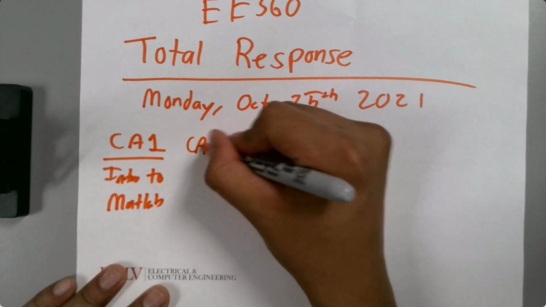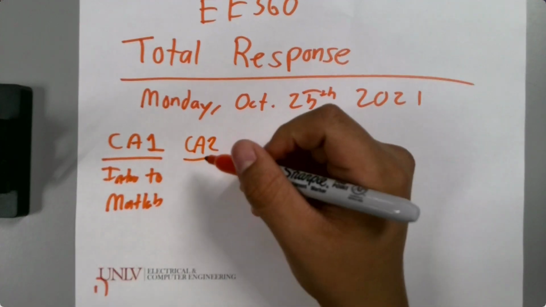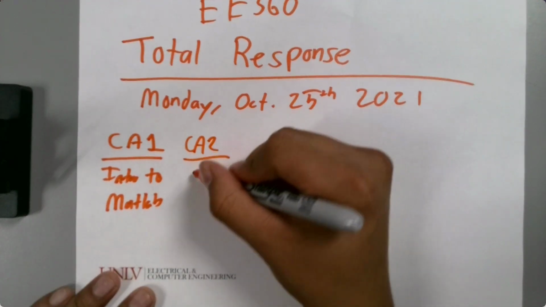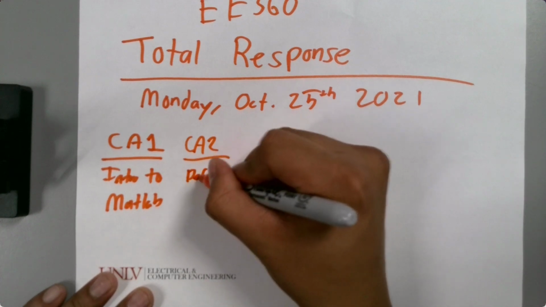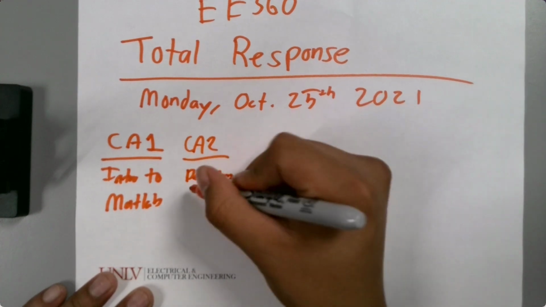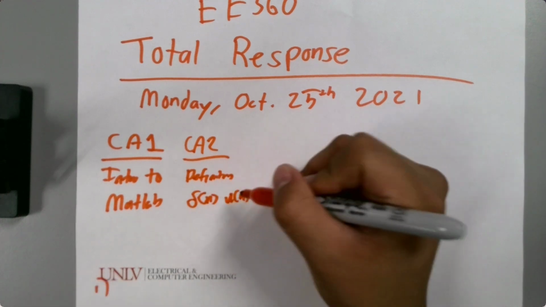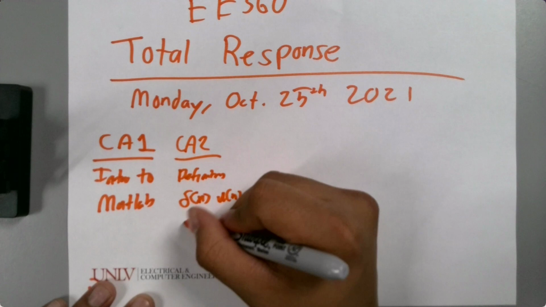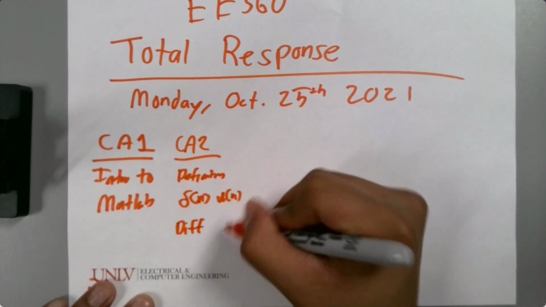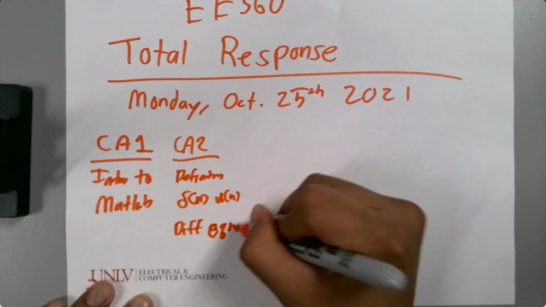And you have CA2, which is basically, okay, now you have these actual definitions, like the Dirac delta and the unit step and all those other cool stuff, right? And difference equations too. Remember that stuff?